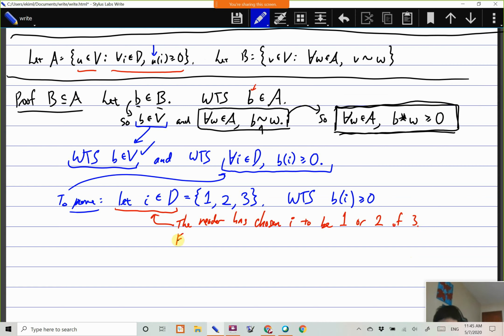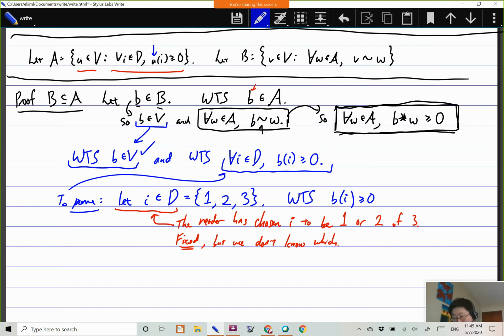But it's fixed, but we don't know. The choice is fixed, but we don't know which. Okay? So I might be 1, I might be 2, or I might be 3. It's not all three of them. We're just making the reader pick one, and if they read our proof and don't buy the argument, because they're worried we cheated with the for all business, they could rewind the story back to this point and pick a different I, but whatever I they pick, they've got to follow that through for the rest of the proof. So I is a fixed thing.